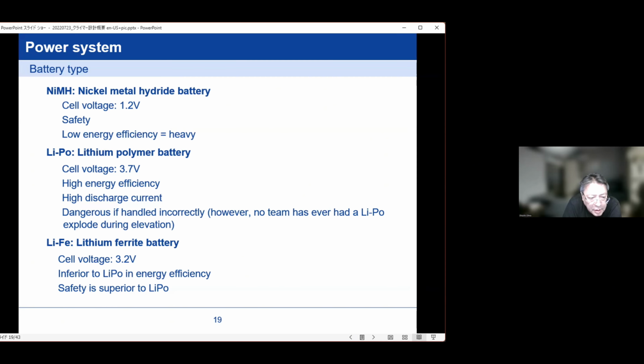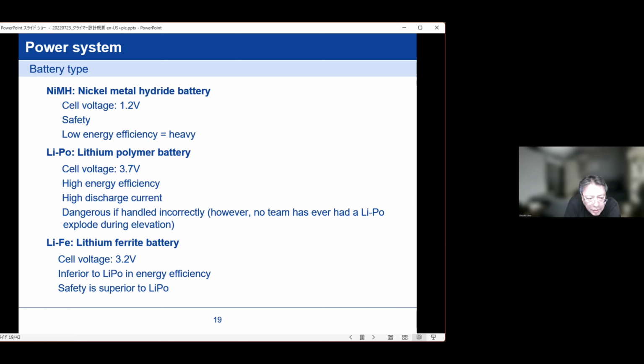So basically, the majority of teams use lithium polymer batteries with a cell voltage of 3.7 volt. It is extremely energy efficient. The advantage is that it can also draw a large current. However, if handled improperly, there is a risk of fire, so it is important to handle it safely.